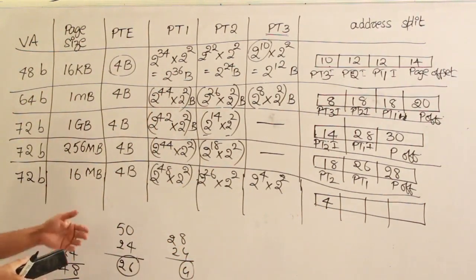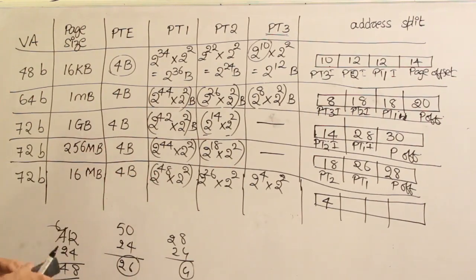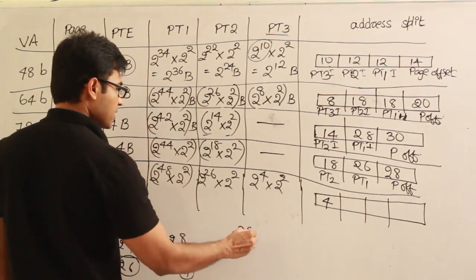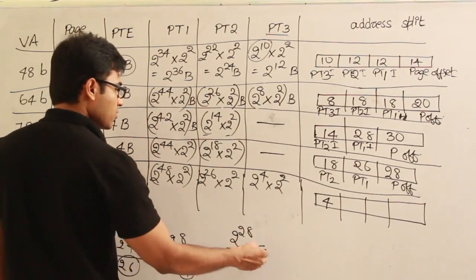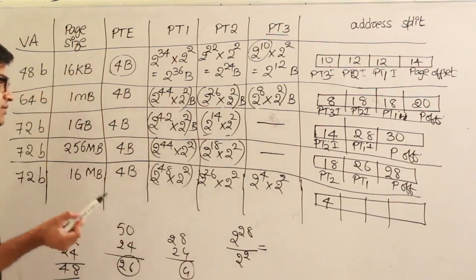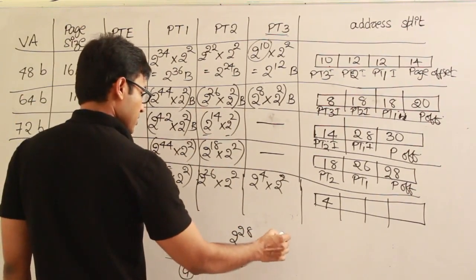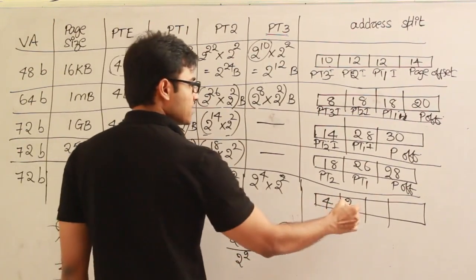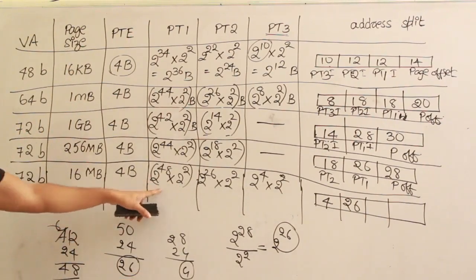Therefore what you should do is find out how many entries will be present per page. So the page size is 16 MB. 16 MB is nothing but 2 power 28 and the page entry size is 4 bytes, which means 2 power 2. Therefore how many entries will be present per page? The number of entries present per page is 2 power 26, isn't it? Therefore, how many bits are required? 26 bits are required. And similarly, in the next level page table also, you can do the same thing.